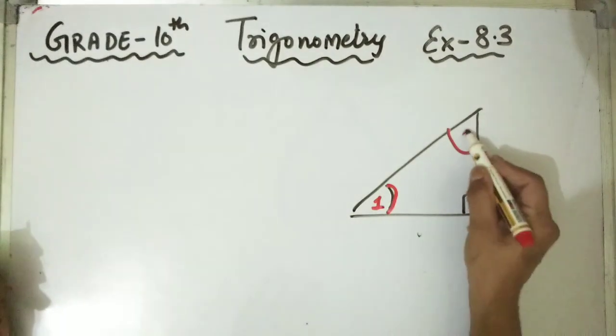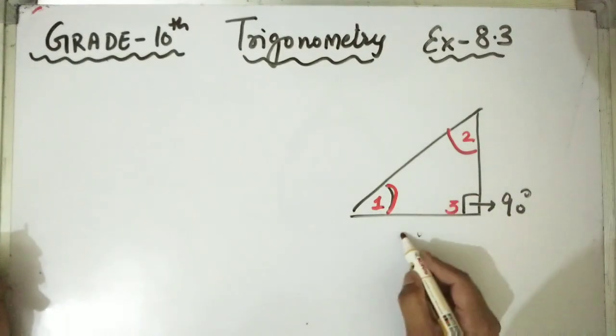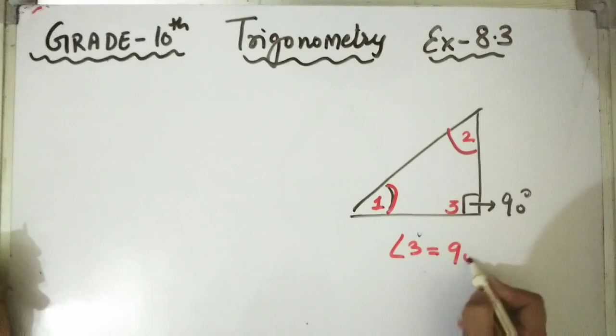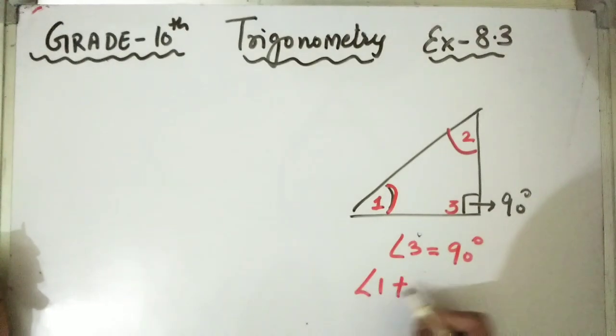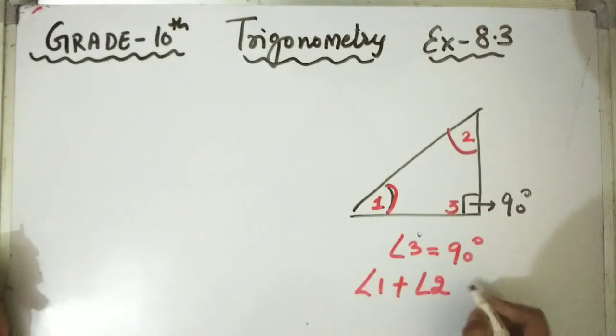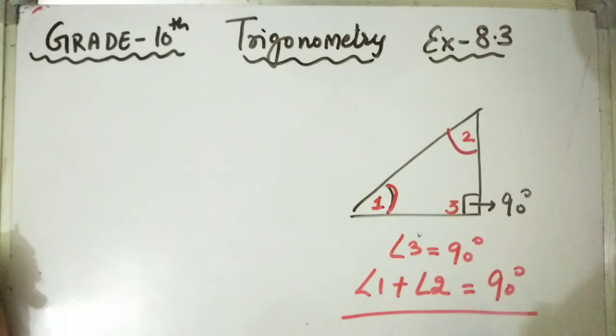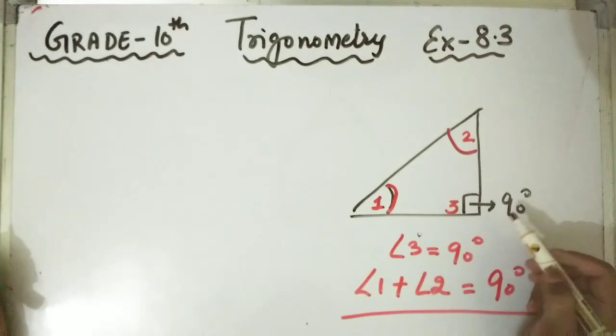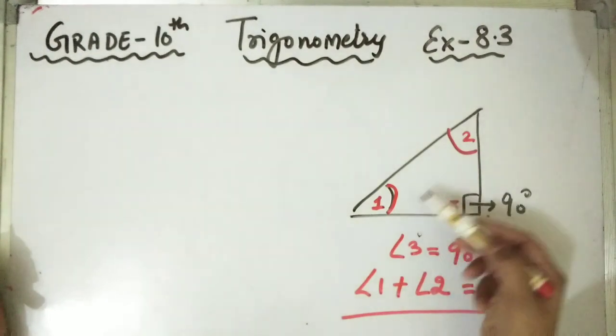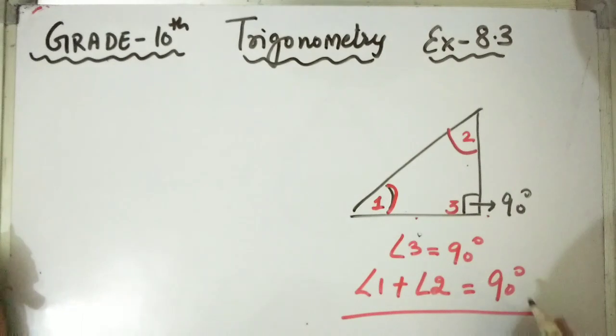If I am taking angle 1, angle 2 and this is angle 3, you know that angle 3 is 90 degrees, and according to the angle sum property we will get only angle 1 plus angle 2 is 90 degrees. We will not get any other angle. Whenever we have three angles in a right angle triangle, one angle is 90 degrees and the sum of the other two angles is 90 degrees, right?